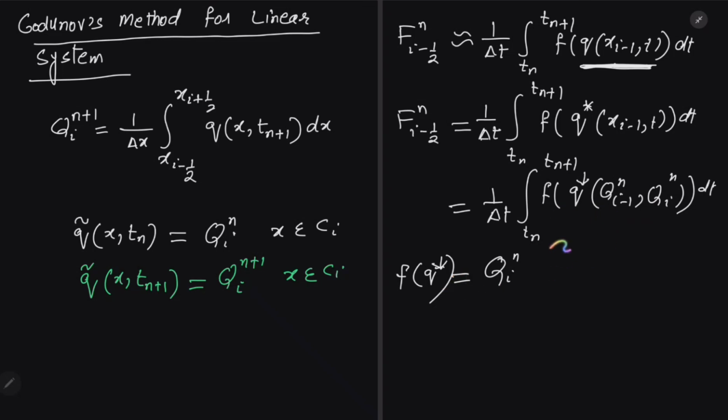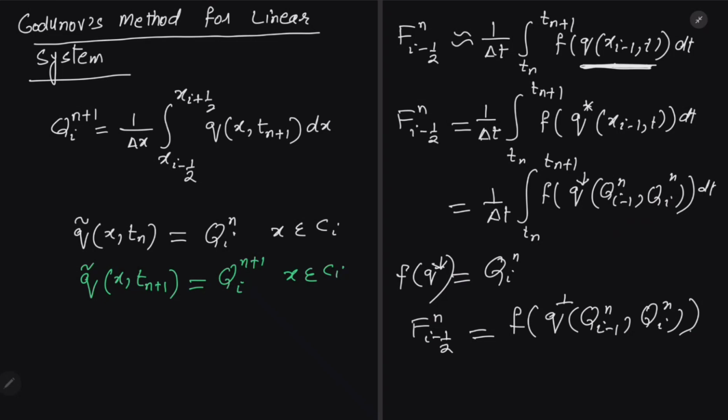So F_{i-1/2}^n will be equal to f of Q, which depends on the values from Q_{i-1}^n or Q_i^n.